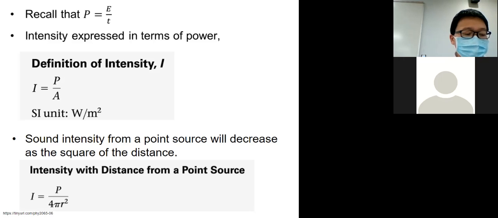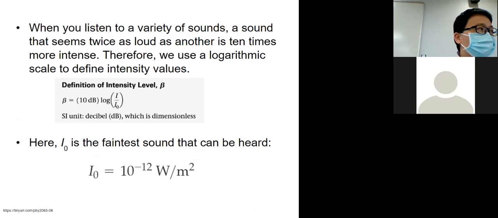In that case the sound propagates in all directions, so it's spherical at a particular location r. The sound level can be calculated from the intensity, using a logarithm function: beta equals 10 dB times the logarithm of I over I naught, where I naught is the threshold that we could hear with our ears.